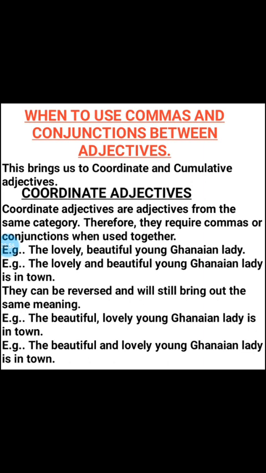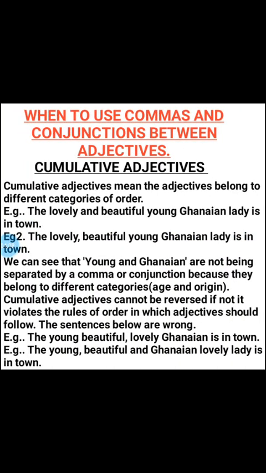So coordinate adjectives belong to the same category and they can be reversed and have the same meaning. Now let's move on to what a cumulative adjective is. Cumulative adjectives are adjectives that belong to different categories of order. So all our 10 categories of order we had in our previous video are cumulative adjectives, meaning they belong to different categories.